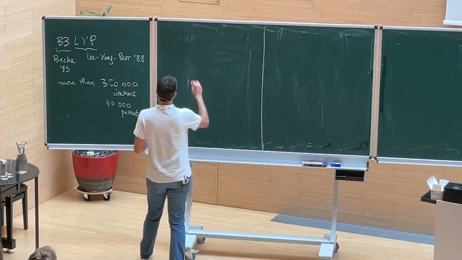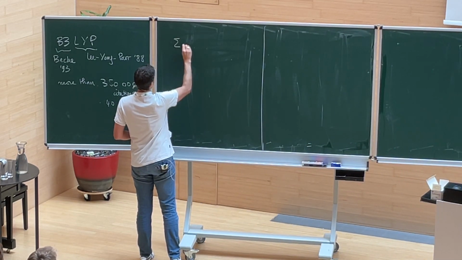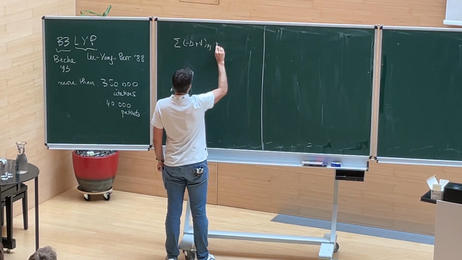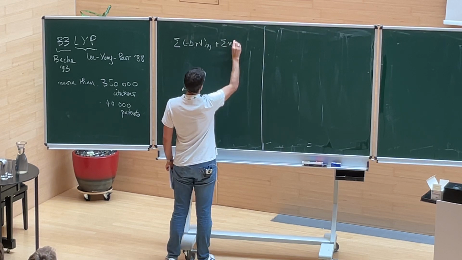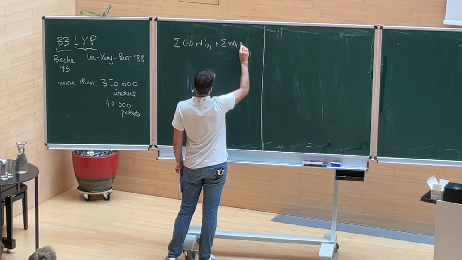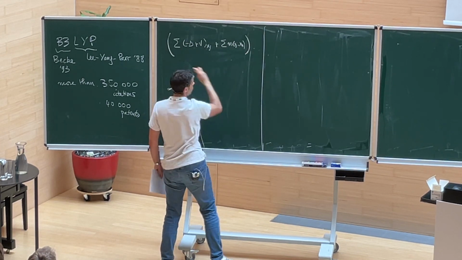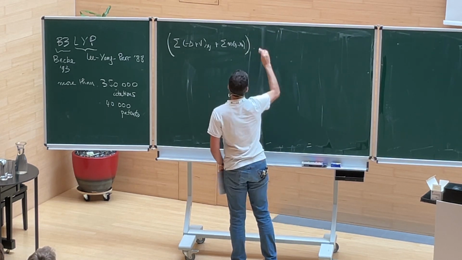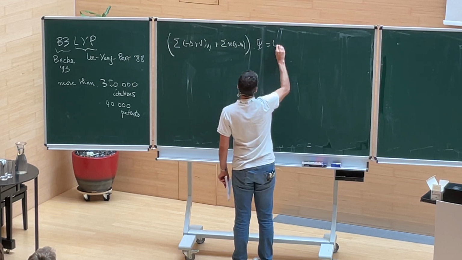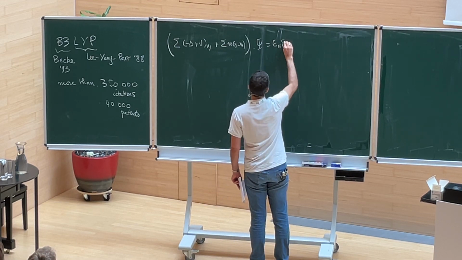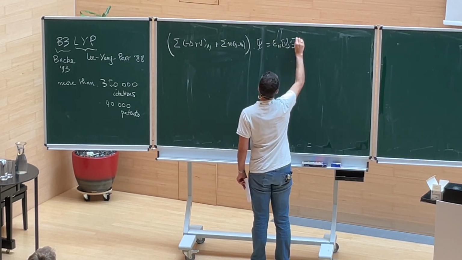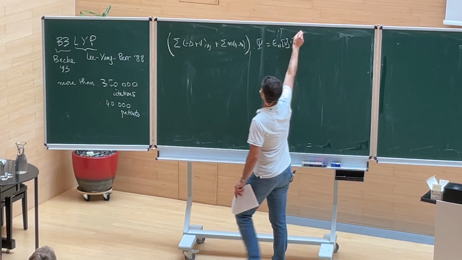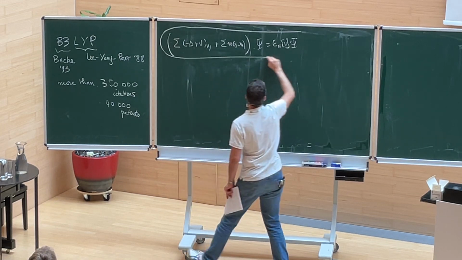Let me remind you that we have this Schrödinger problem: minus Laplace plus V, plus the sum of W of x_j minus x_k, acting on psi, equal to E psi. This is Schrödinger. That's our goal.